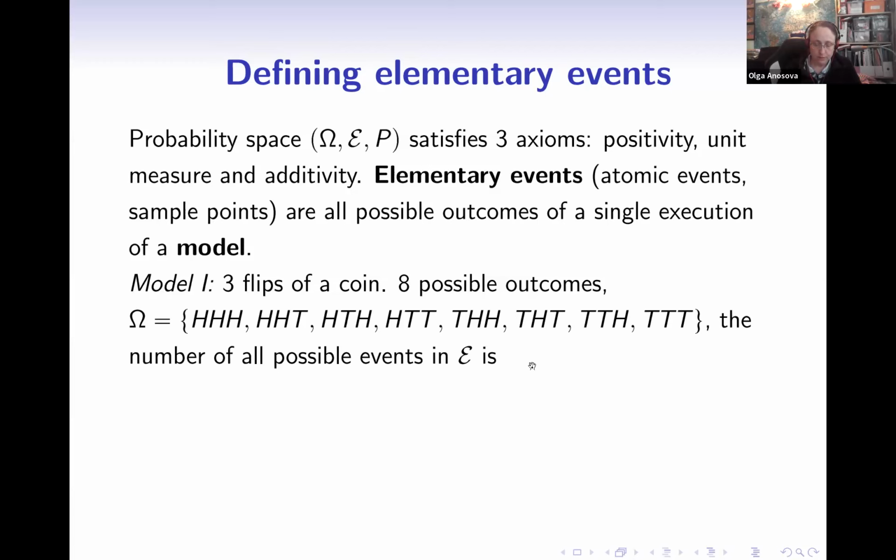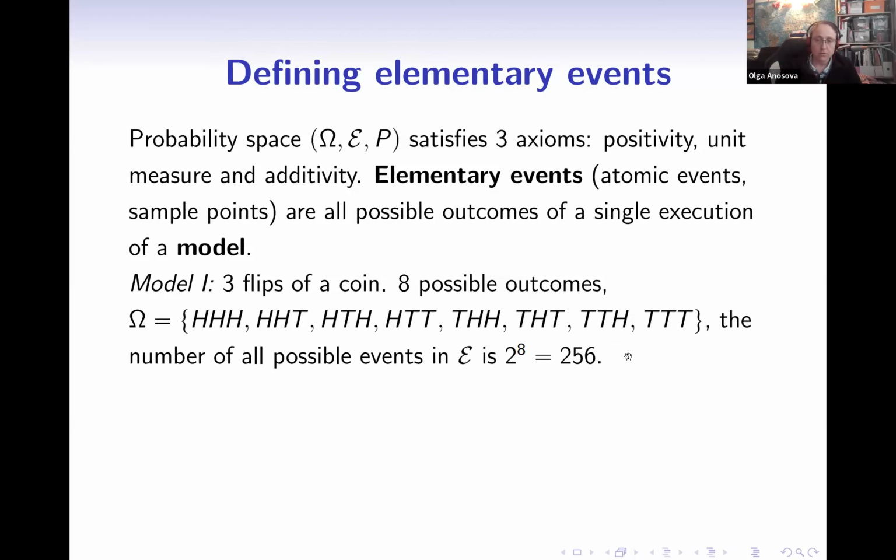What is the number of all possibilities? Since we have 2 possibilities, included or not included, that will mean that there will be 2 to the power of 8 possible combinations, or all possible events that we can build on this outcome.